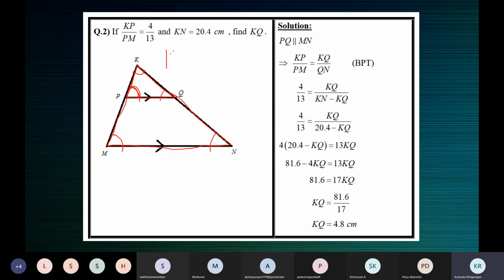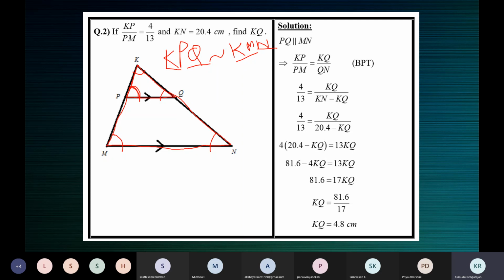So you will have KPQ similar to KMN. So you have KP by KM is equal to PQ by MN.